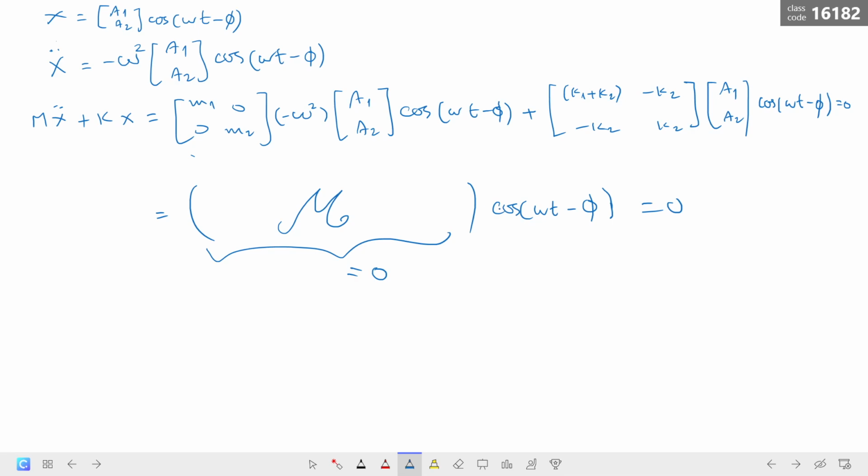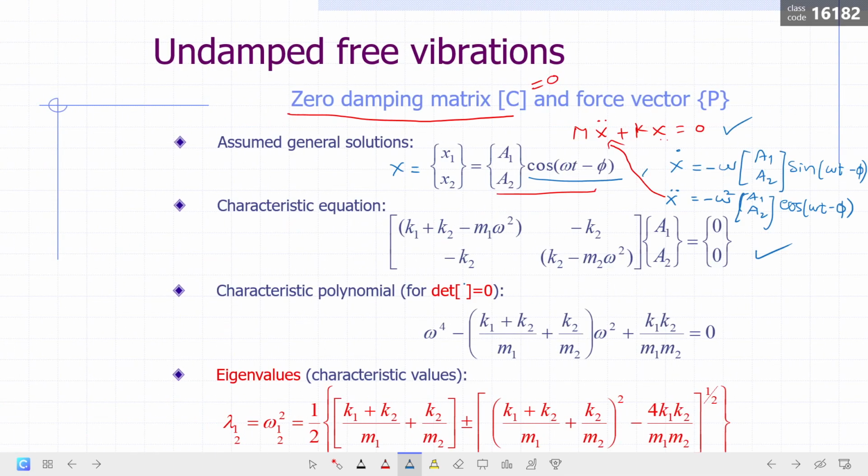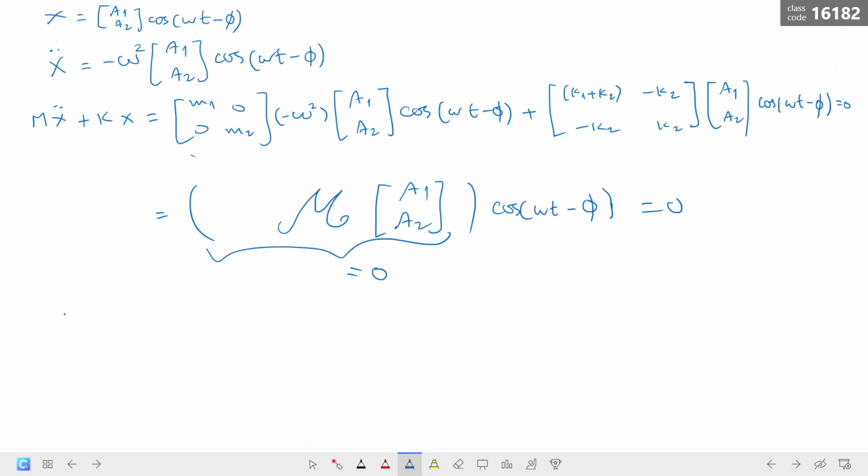So m times a1 a2 equal to 0. That's what it says here. So I just say this is m, and so m times a1 a2 equal to 0.